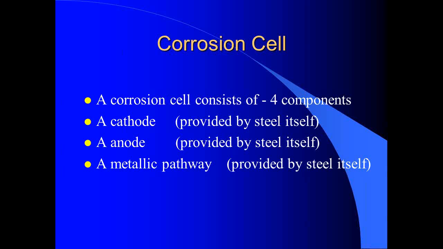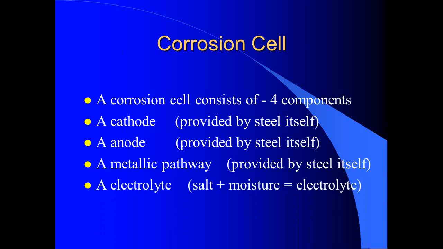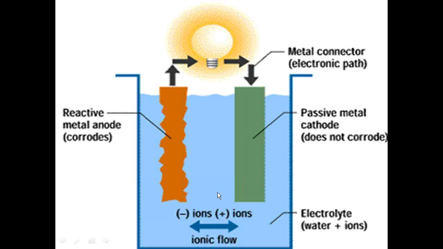Well, the size of the granules, the larger and smaller ones, they are cathodic and anodic to each other. Yet they're connected by the metallic pathway. The 4th component that's missing is an electrolyte. Electrolyte is a liquid that conducts electricity. So if you have salt plus moisture, or pure H2O, you have a substance that will conduct electricity, and that's called an electrolyte. It requires those 4 components.